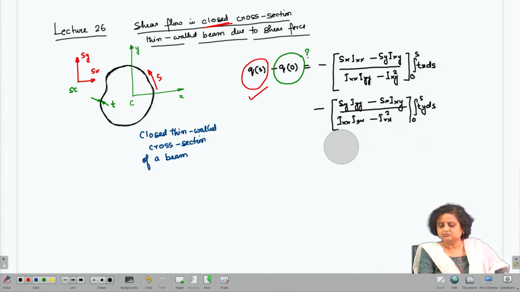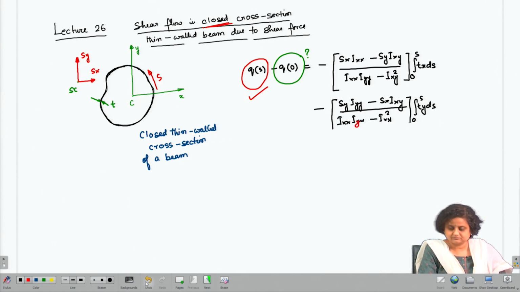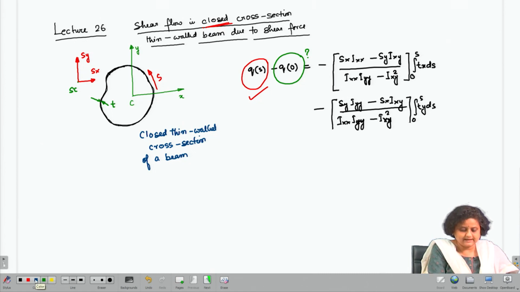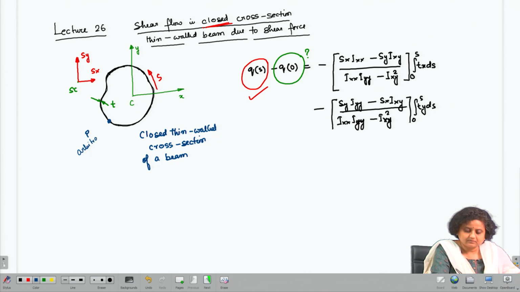In order to do that, what we have to do is assume at any arbitrary point P, this is an arbitrary point, that q is equal to q0, where q0 is unknown.